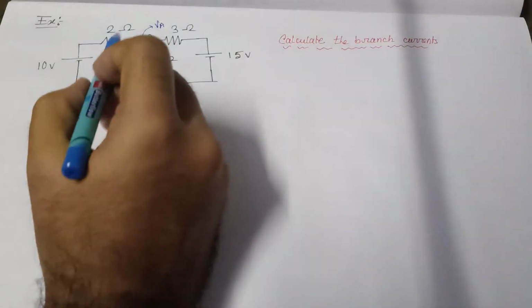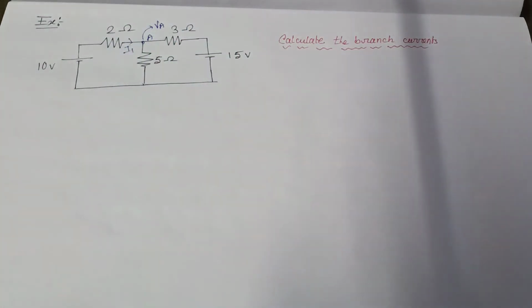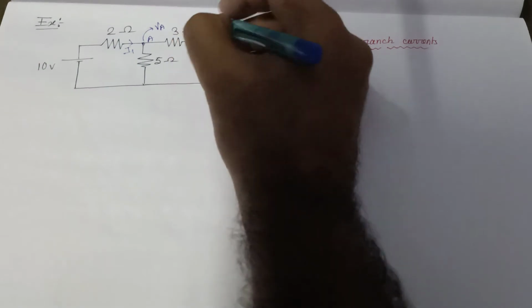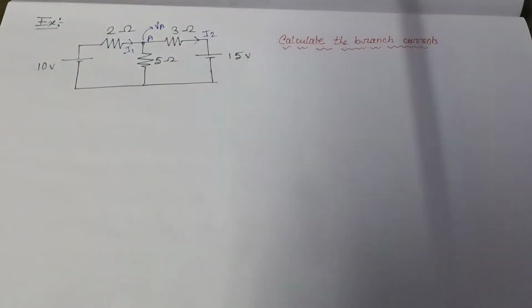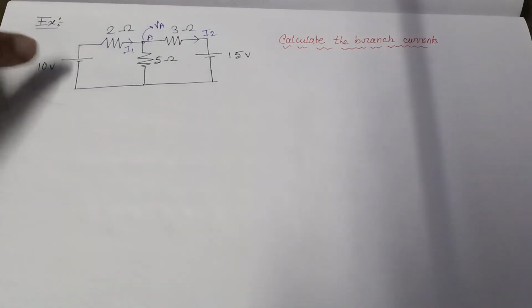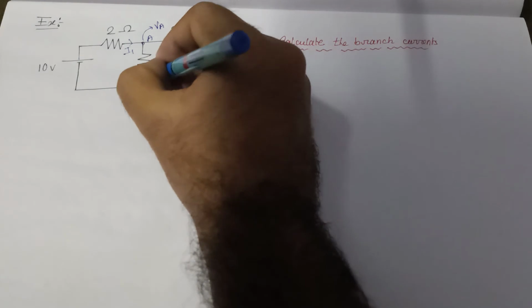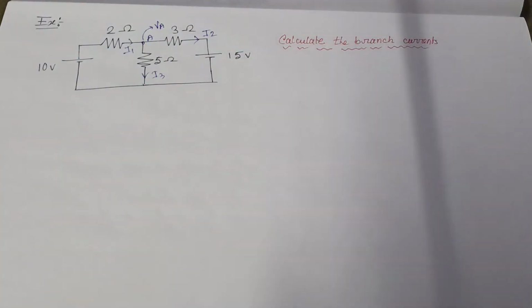The direction of this path I am taking like this, I1, so I1 current is incoming, and the direction of this current I am changing slightly, so I2 is going out from A, and this current is also going out.